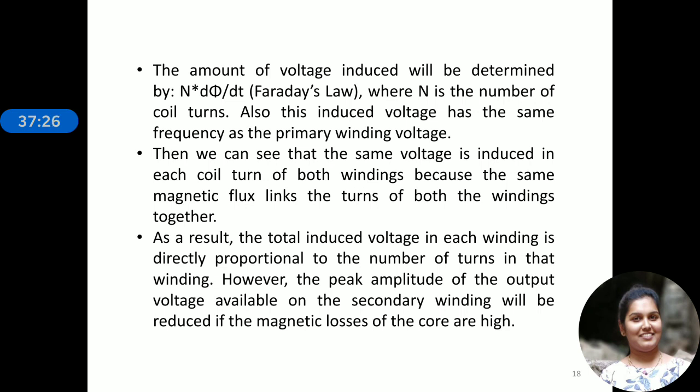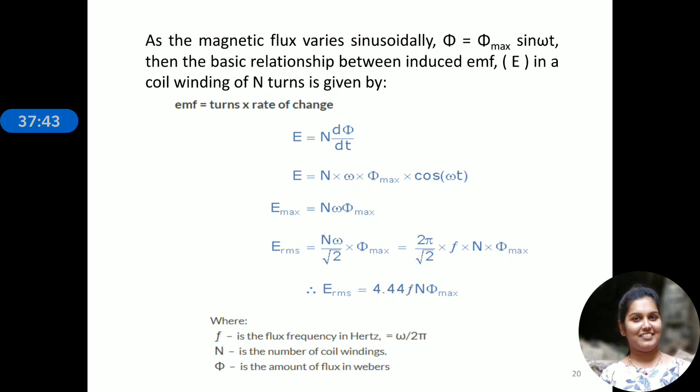Okay, so as the magnetic flux varies sinusoidally, phi is equal to phi max sin omega t. Then the basic relationship between the EMF in a coil winding of N turns is given by this expression. EMF is equal to turns times the rate of change of flux.